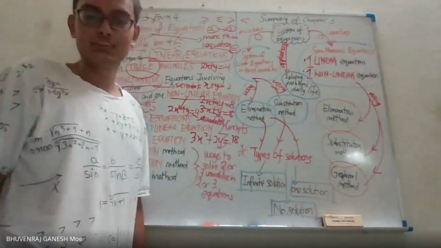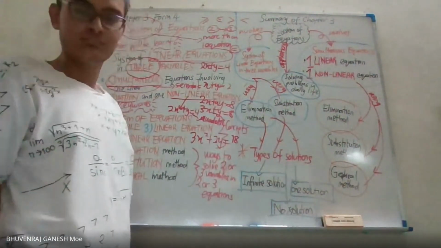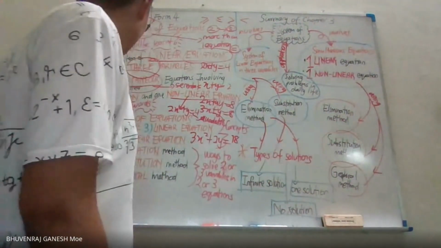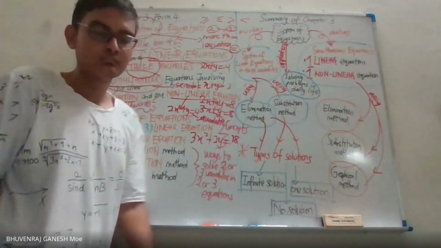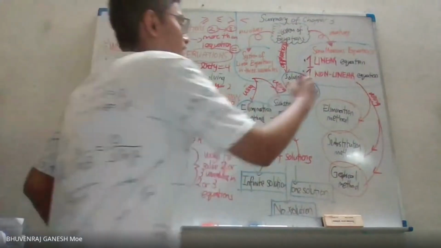And then Ishan? 5x squared plus 1 equals 7. Okay, good. So all of you went for the same type of quadratic.